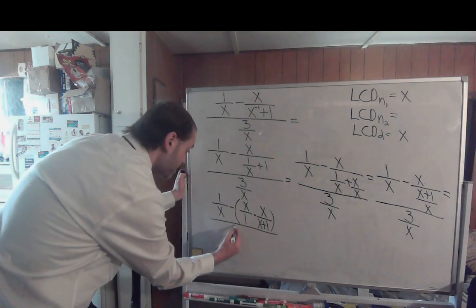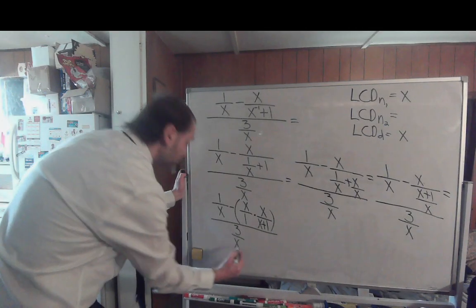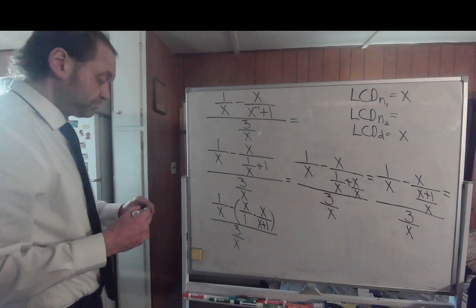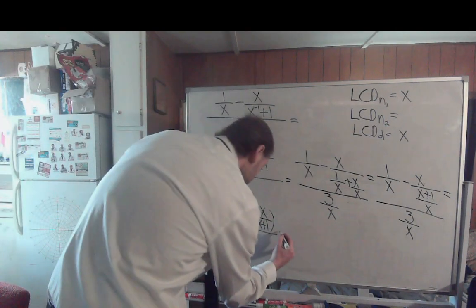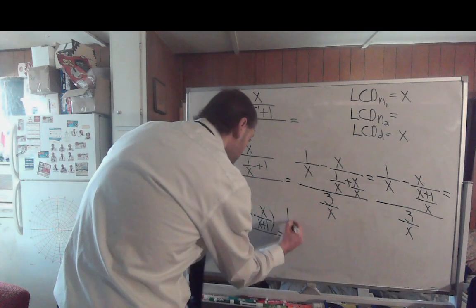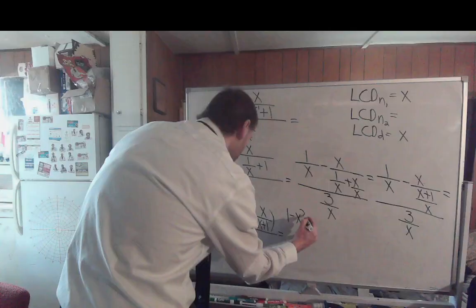All over 3 over x. Well, this is going to simplify into 1 minus x squared.